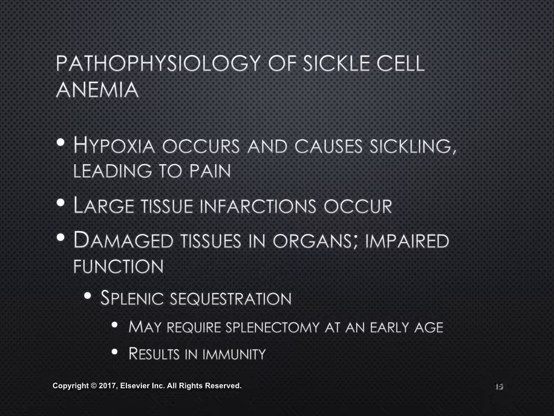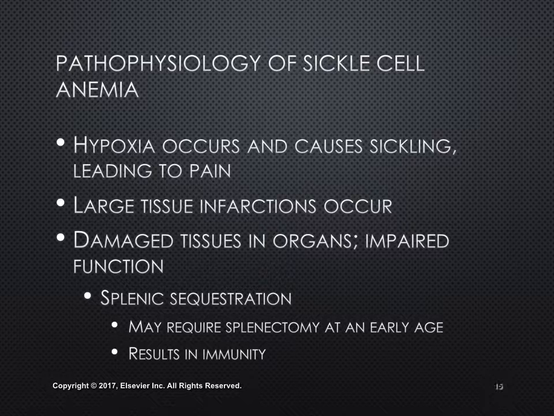One of the things that we do see is what they call splenic sequestration. The whole design of the spleen is to filter out the broken and dysfunctional blood cells as they circulate through the spleen.